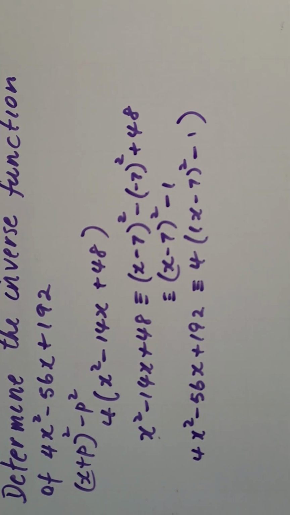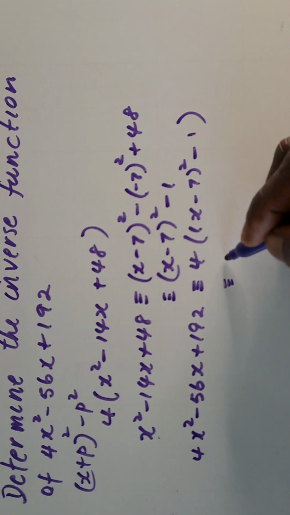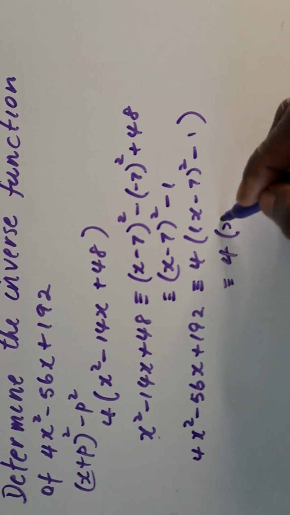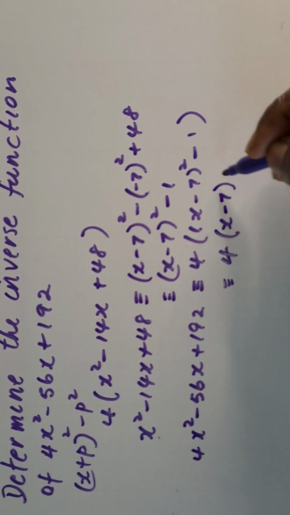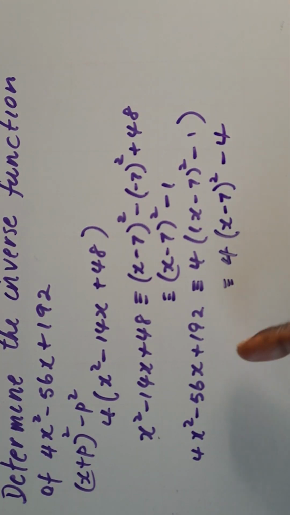Now, if we clear the brackets and simplify this, we have 4 into (x minus 7) squared minus 4. Now remember, this is equivalent to f of x, which is equal to y.